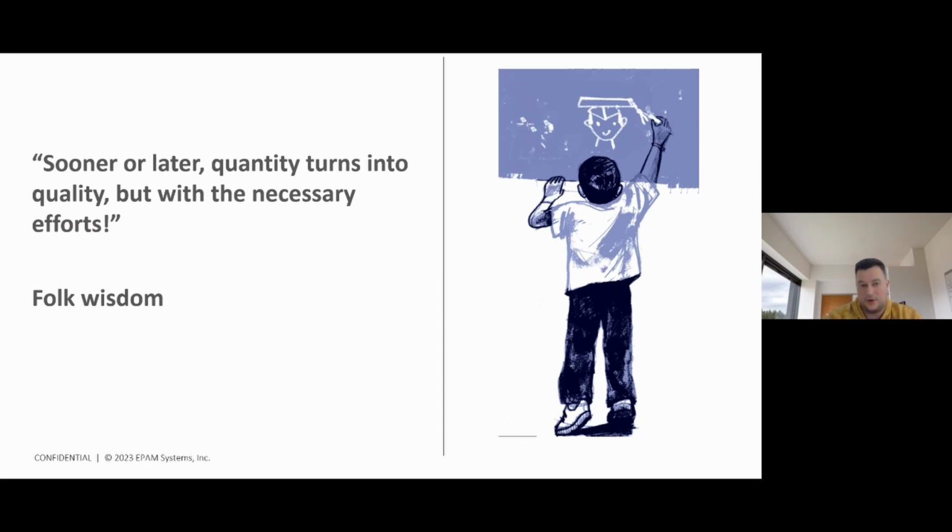Sooner or later, quantity turns into quality, but with the necessary efforts. Again, guys, folk wisdom. Don't forget about that. This is the main secret of success in a lot of project activities. Just start doing that, but do these things with a smart approach.